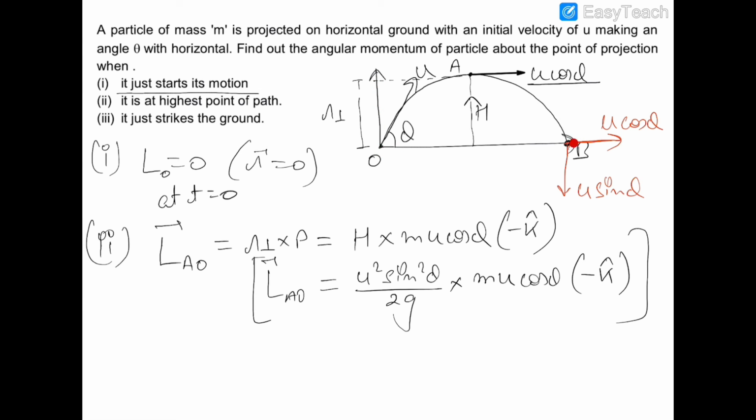So finally at point B the y component will be u sin theta and the x component will be u cos theta. Now if we extend this x component backward, it is passing through point O.